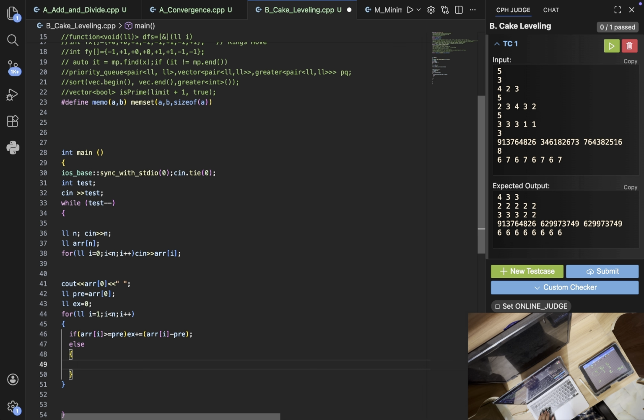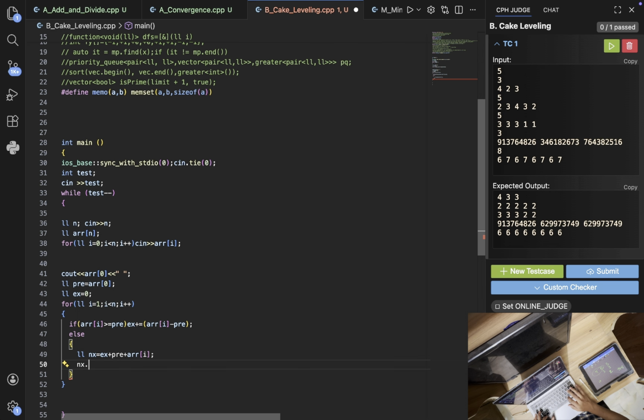Okay, I have some extra. X plus 3 plus 5 equals 2. Also, I can save some extra if that's an odd value.